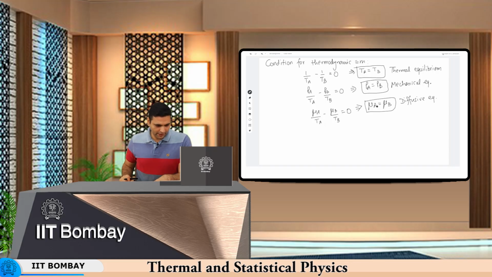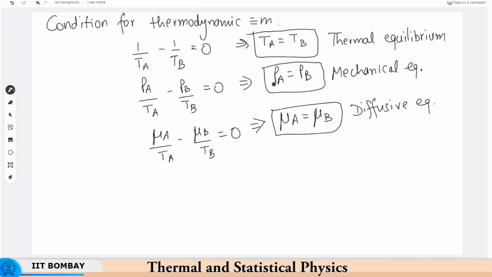And we already know from the second law that heat flows from a hot body to a cold body, right. So say I artificially create a system where phase A is at a higher temperature than phase B. So we know that heat will flow from A to B. Similarly, if I create the pressure on phase A greater than the pressure on phase B, the volume of phase A will increase and the volume of phase B will decrease, because the system will expand towards phase B. But what will it correspond to if we create a system where the chemical potential of phase A is greater than the chemical potential of phase B?